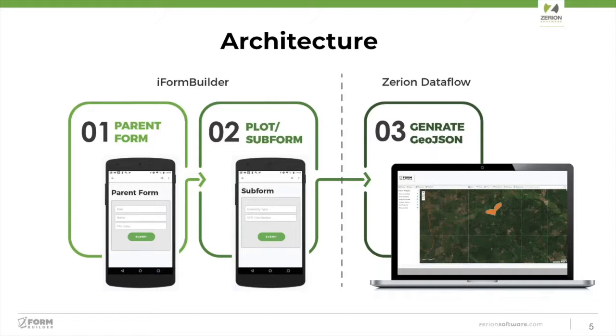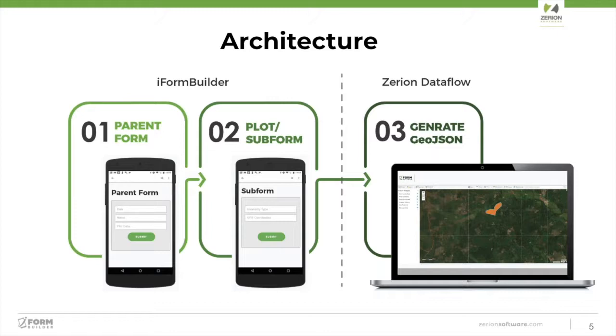For example, if you're capturing a farm or area, you need to allow users to capture at least 3 points to construct this area. Or if you're capturing a line, for example from point A to point B, you need to make sure that your form is set up to capture your starting point and end point for your GeoJSON.